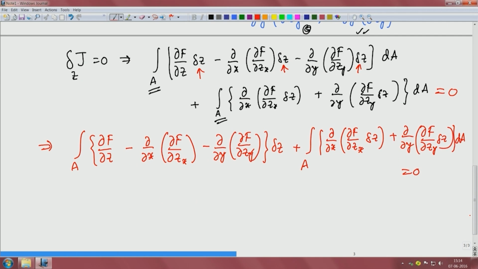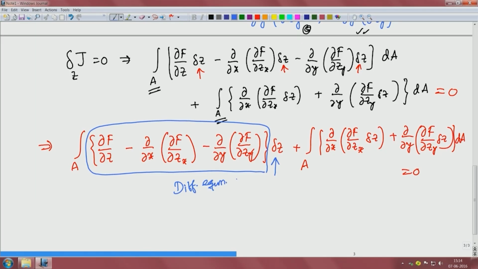So, we have two parts and delta z is arbitrary, which is clearly outside. So, what multiplies it, according to the fundamental lemma, must be equal to 0. We have two parts, this differential equation part and the boundary condition part. Let us remember, this is the differential equation part of the necessary condition, whereas this is the boundary condition part.